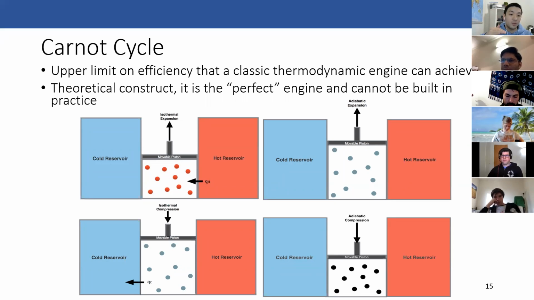Once it cools down, it goes through an adiabatic expansion, which moves the piston upwards. The isothermal compression, which means compression happening without changing the temperature, is caused when the heat leaves your system into the cold reservoir, and this compression returns you back to your neutral state.